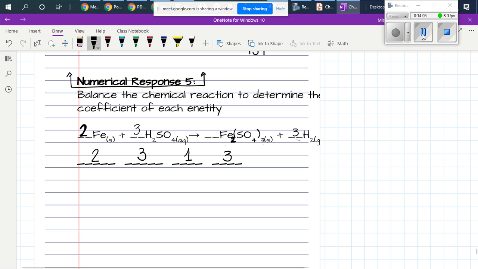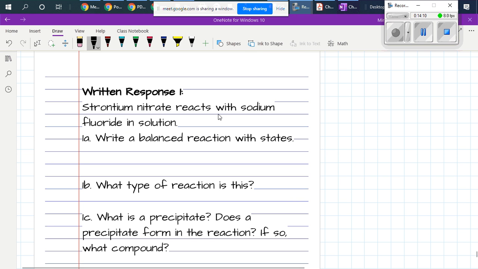Okay, is there any question up to this point? Okay, so on the test on Tuesday, you will see numerical responses similar to that, but even a written response, something similar to this.